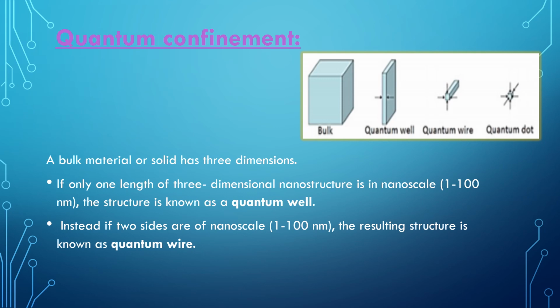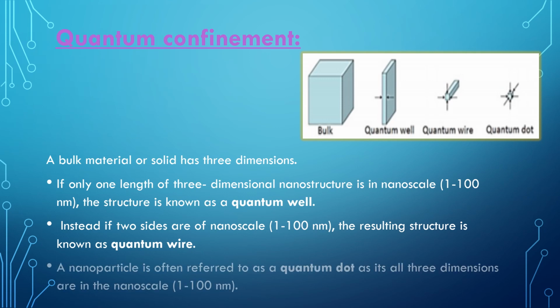In this quantum wire, along the x-axis and y-axis the dimensions are in nanoscale, while along the z-axis the scale is ordinary.